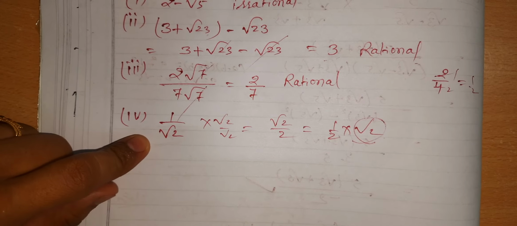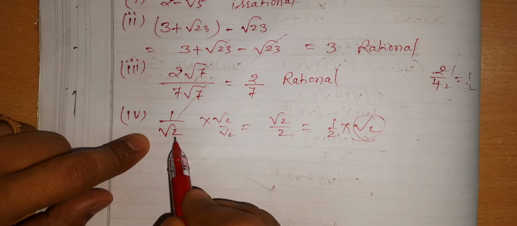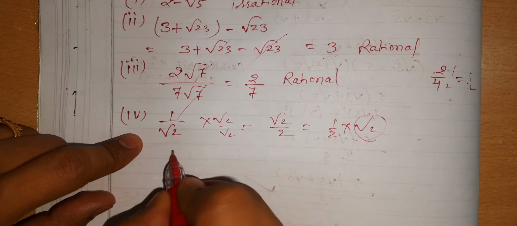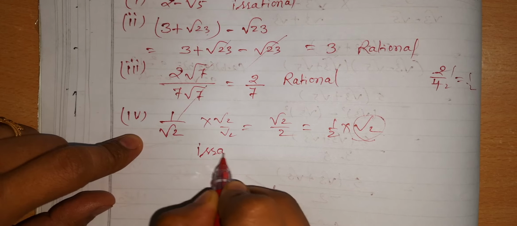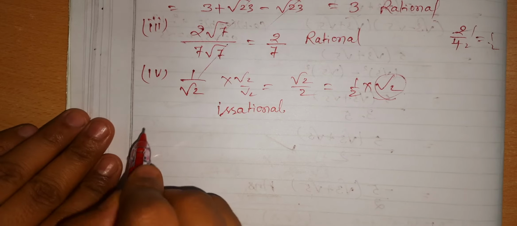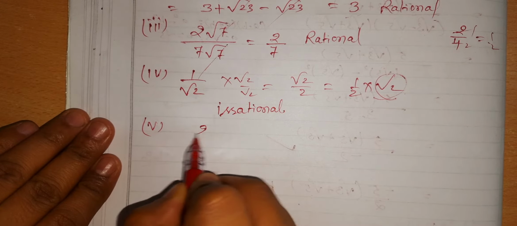Or from here also we can say that this is 1 by root 2, an irrational number, so this 1 by root 2 is also an irrational number. Okay, and at the last we have this 2 pi.